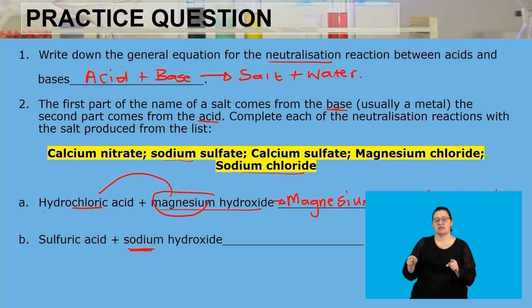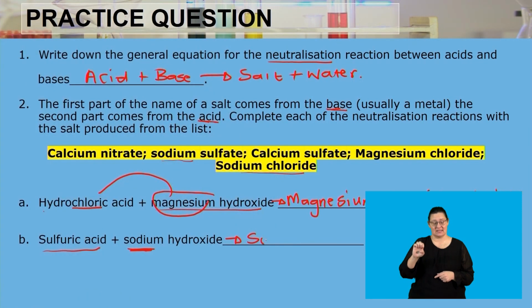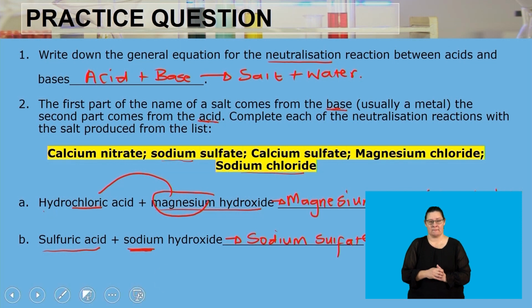We do know that this is a sulfuric acid, so the first part of the acid is going to be sulfate, which tells us that the reaction is going to give us sodium sulfate, because we do not have chlorine in this reaction. So it's just going to be sodium sulfate as our product, and also plus water there at the end.